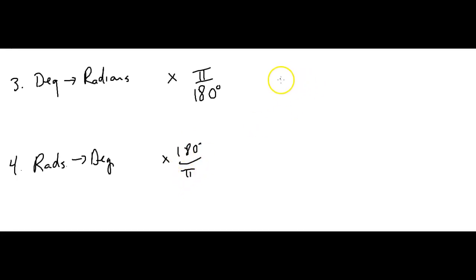An example of that is take my 25 degrees times pi over 180. Just grab the calculator. Use the pi button whenever possible, instead of just 3.14, multiply by pi, divide by 180, and I get 0.4363.